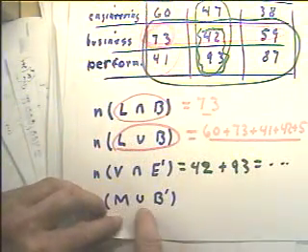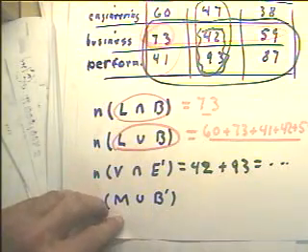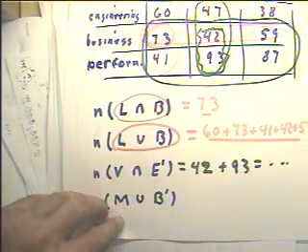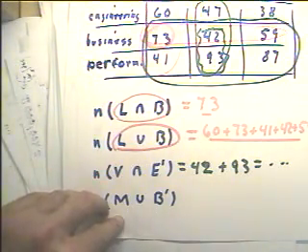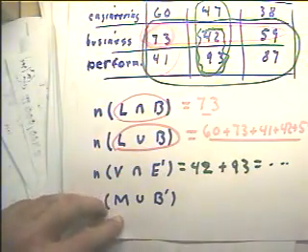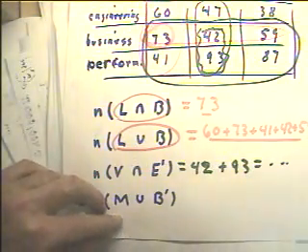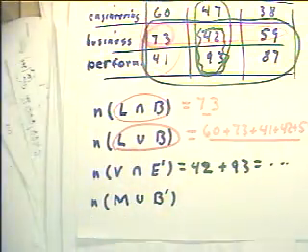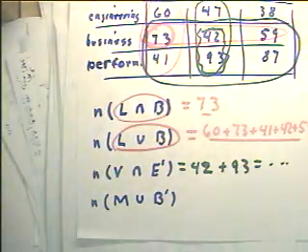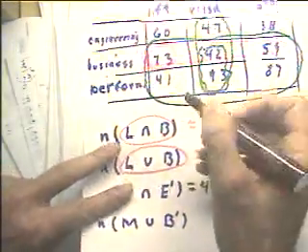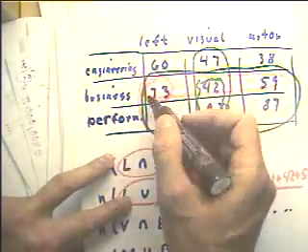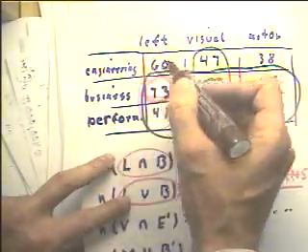Okay, and then M union B prime. Okay, now, where's B prime? Well, better have a good color for B prime. Let's see. I guess we'll go with the brown. Okay, B prime is everything that's not in business.